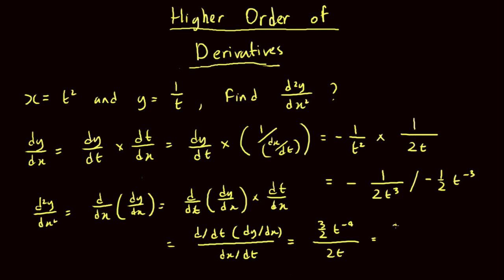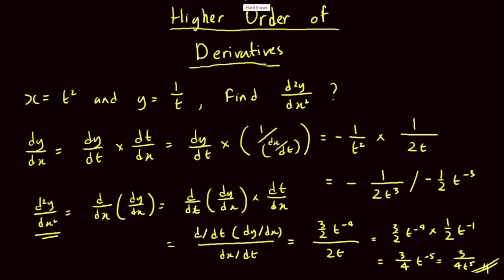So it becomes 3 over 2 t to the power of negative 4 times 1 over 2 times t to the power of negative 1. So it becomes 3 over 4 t to the power of negative 5, or simply 3 over 4t to the power of 5. Okay, so this is basically finding the second order derivative for parametric functions.